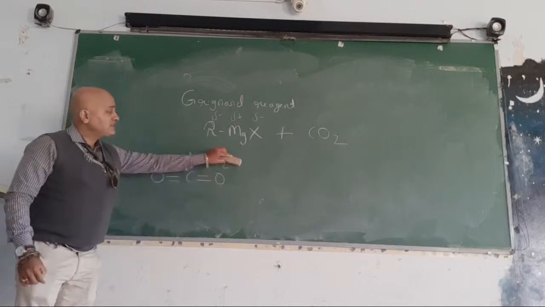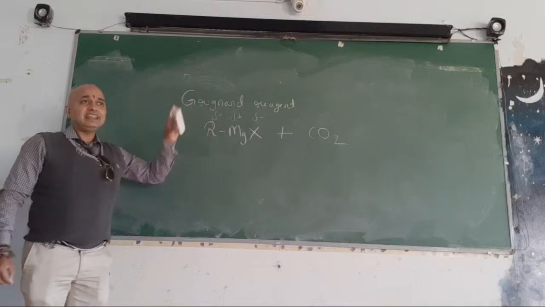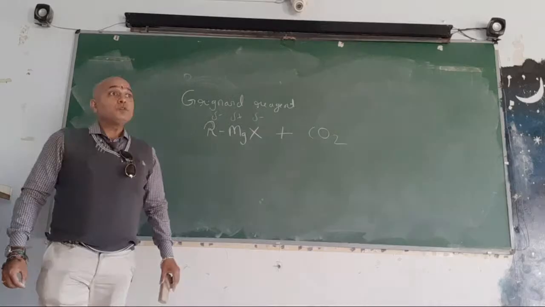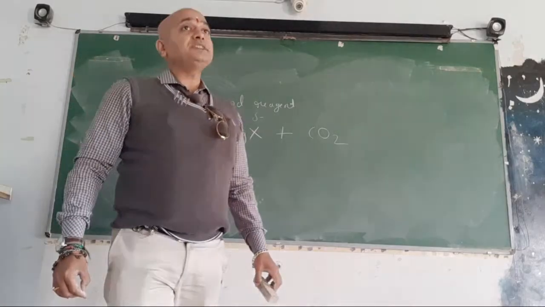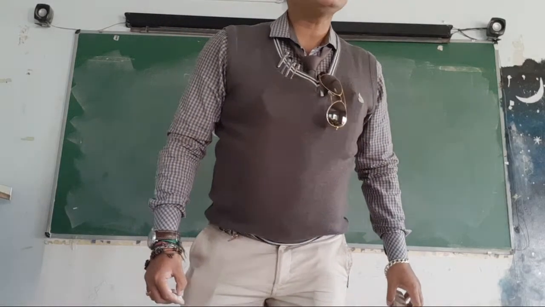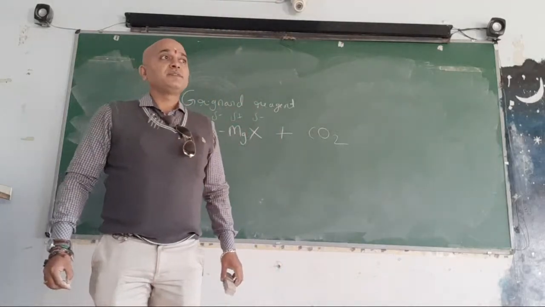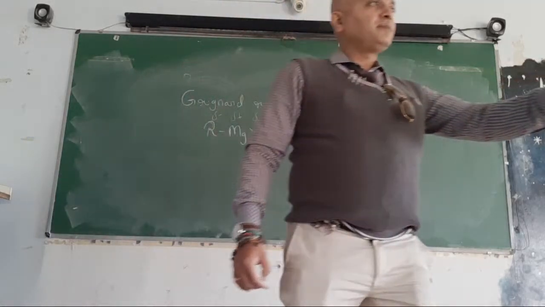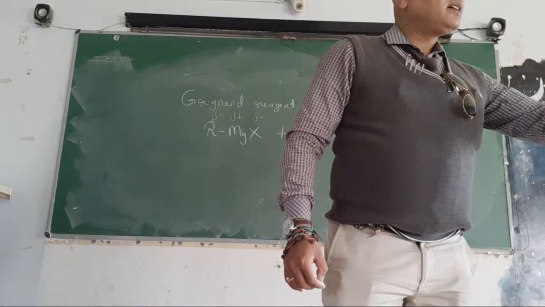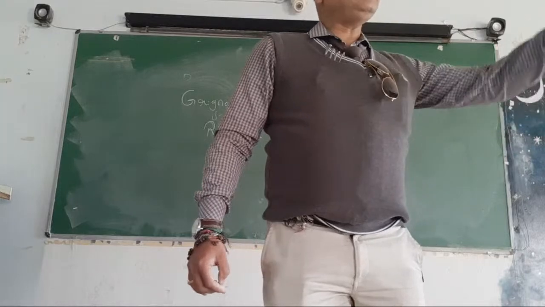So if that is the case, in the Grignard reagent, which part will be attacked by the carbon dioxide, especially the carbon part? Halogen? Alkyl, she is telling alkyl.